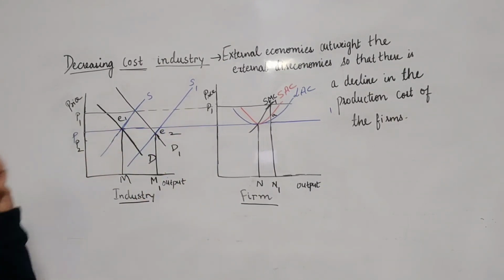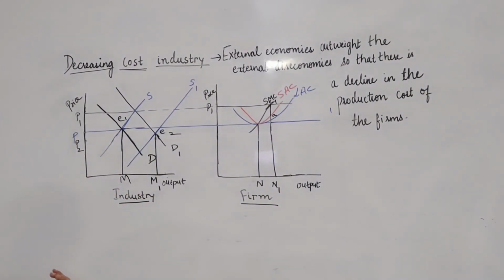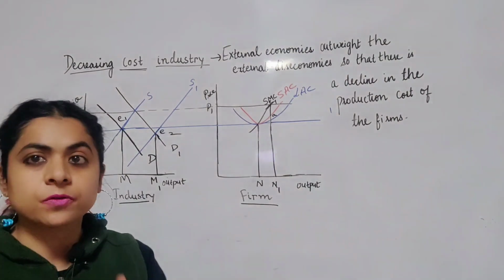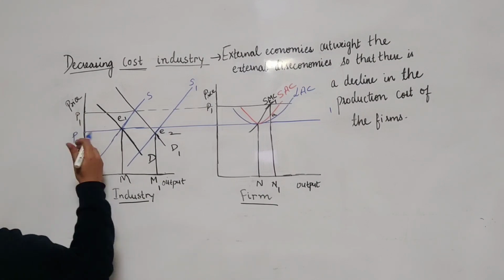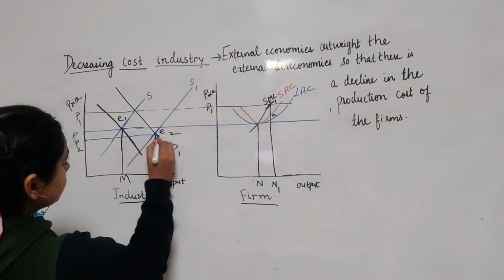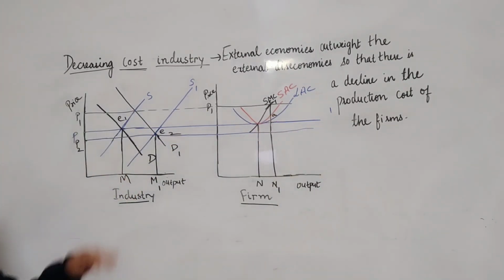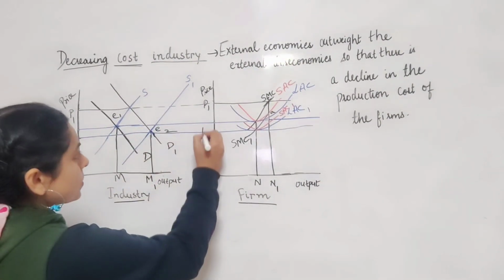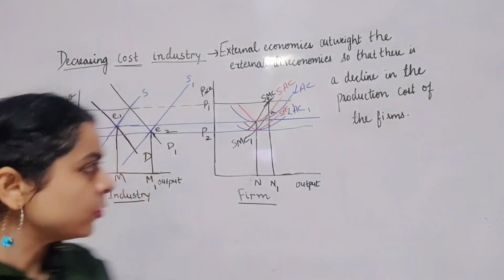And since we have taken into consideration the case of decreasing cost industry, with expansion of the market, there will be a downward shift in the cost curves, and the price will decrease from P to P2 here. And the cost curves will shift downward. At the new price of P2, the firm is again earning normal profit, and all the excess profits are wiped out.